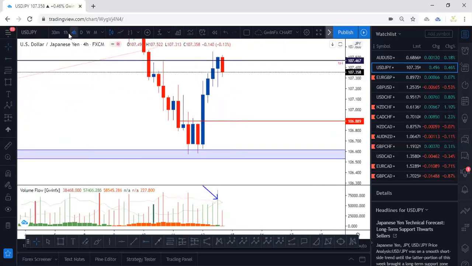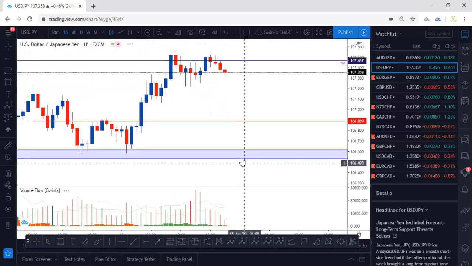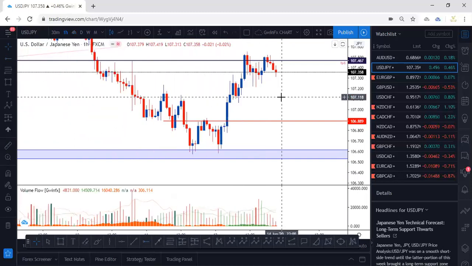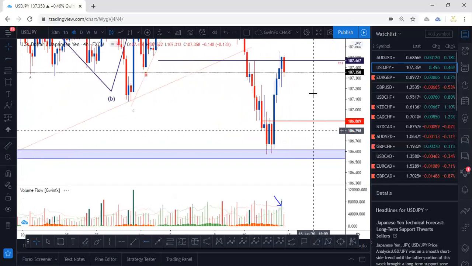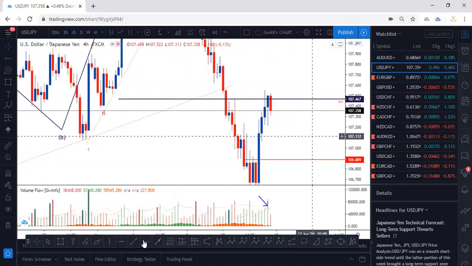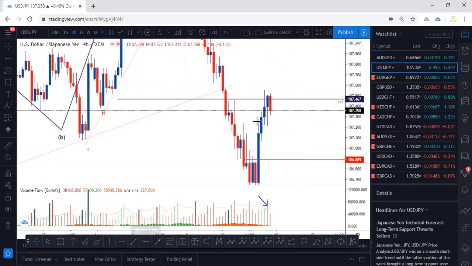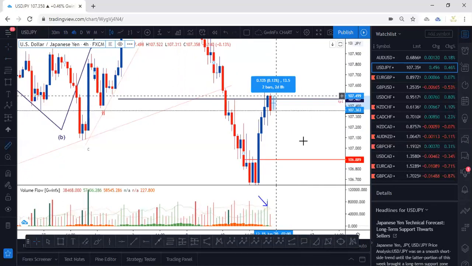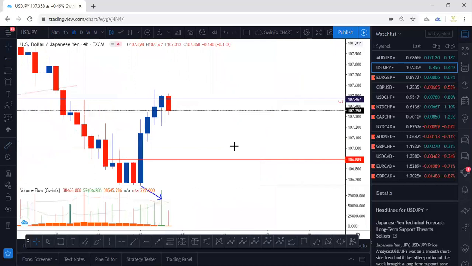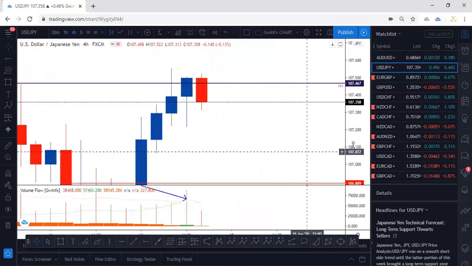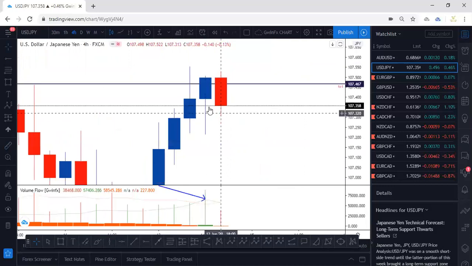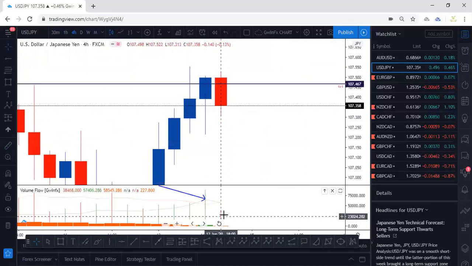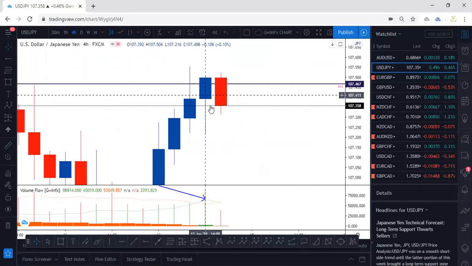So let's see the H1, what we have from the H1 and how we can set up from the H1. Let's go back to the H4 first before we set up for the H1. If one would want to take a sell trade from this setup, one would take a sell trade inside of here, because of this big volume, and you could see a very small volume for price to close below for the very first time.